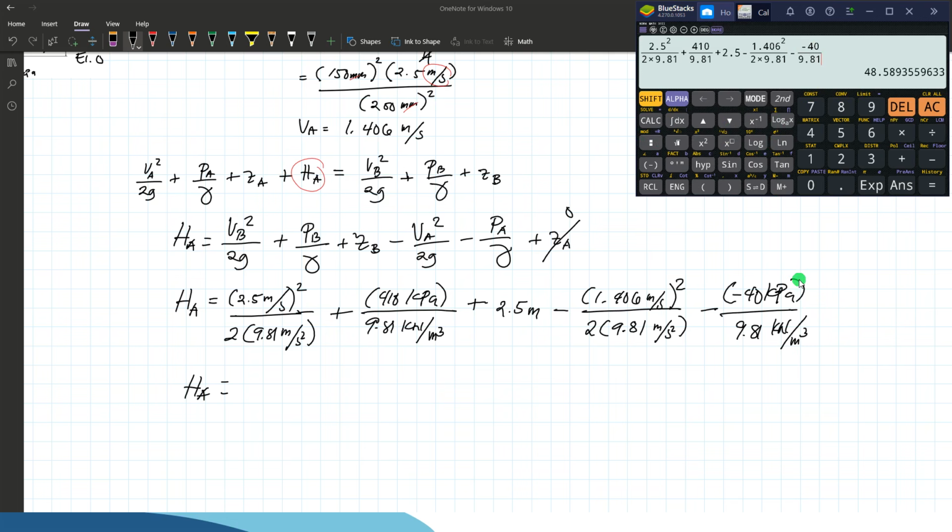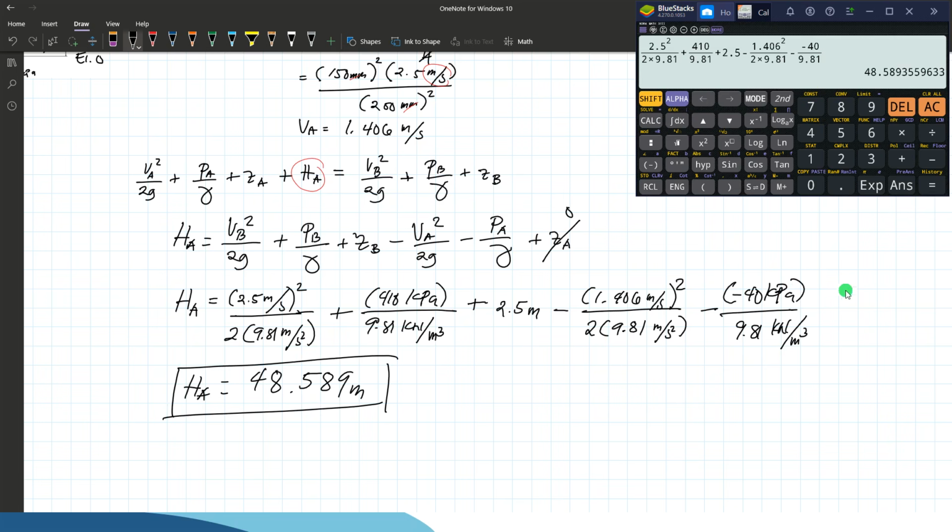Okay, this is the answer. That will be in meters. All our units are consistent: kilopascal, kilonewton per cubic meter, meter per second squared. So this is the total head of the pump, 48.589 meters.